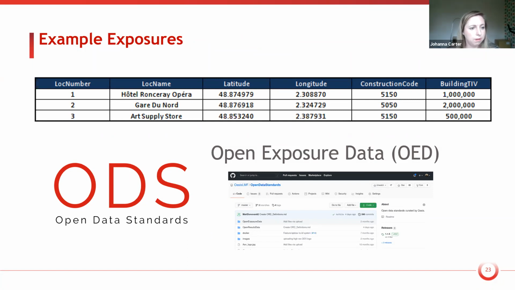There are 3 locations with latitude, longitude, construction code, and the TIV, the total insured value of the building, which is some currency value. The format of this is Open Exposure Data, which is part of the Open Data Standards. And this is the standard way to get exposure data into Oasis.